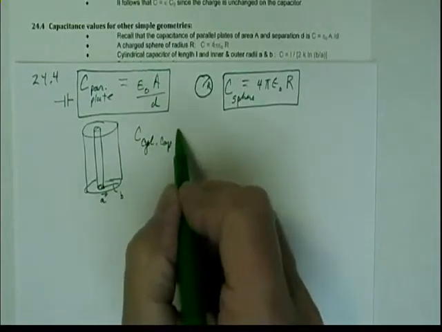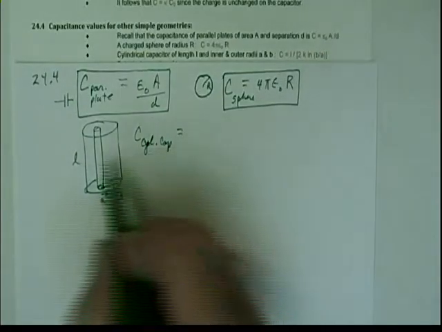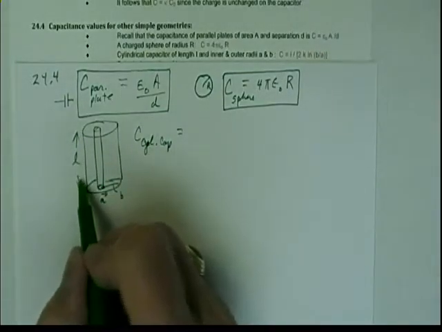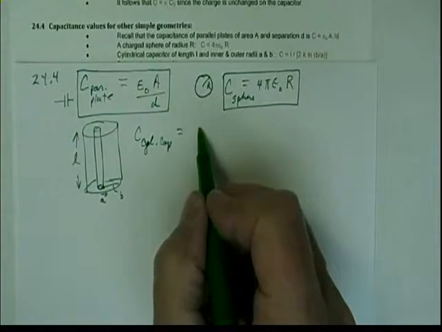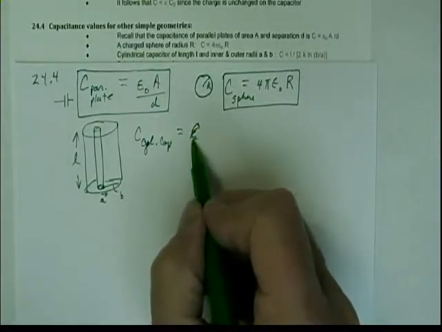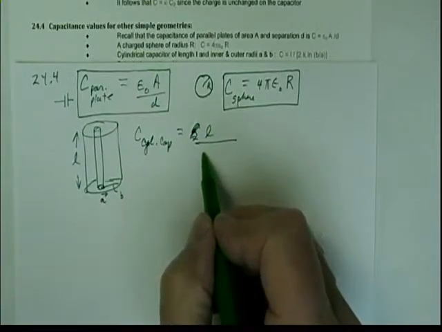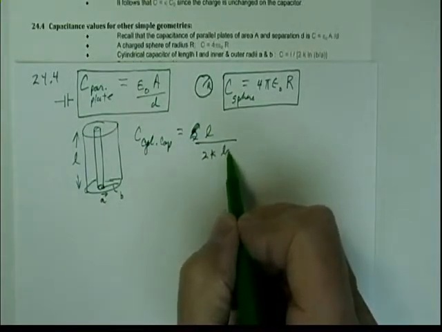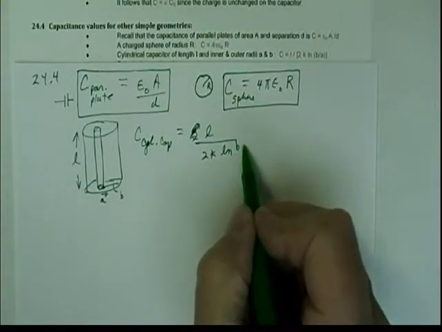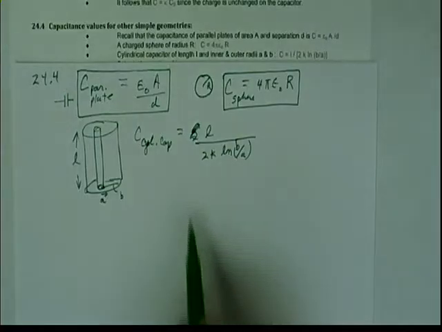Cylindrical capacitors. And if they have a length L overall, then the capacitance can be computed to be L divided by 2K times the natural log of B divided by A. Kind of a complex formula.